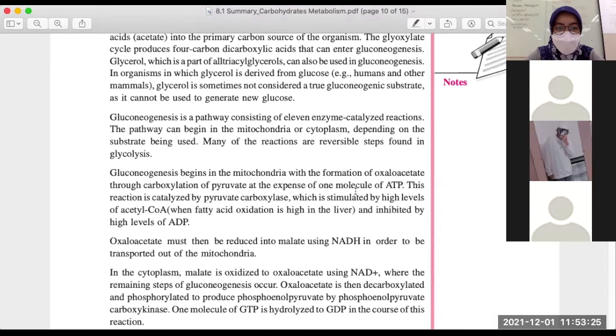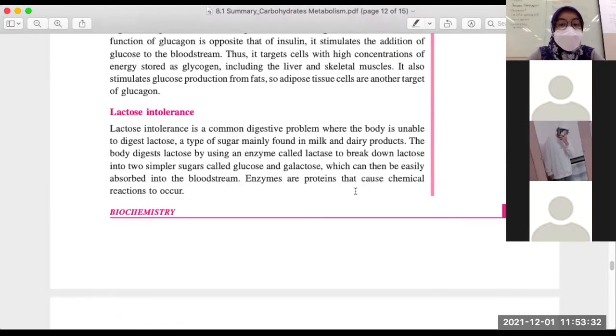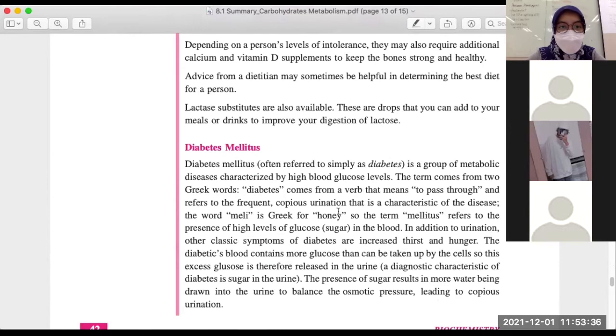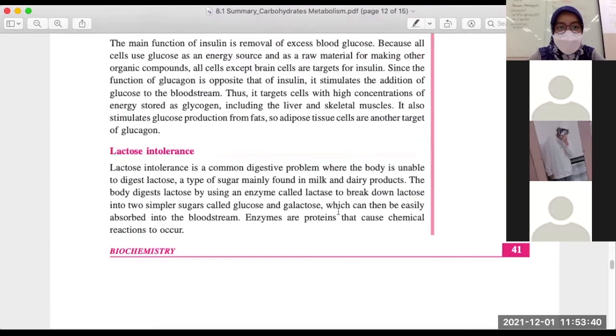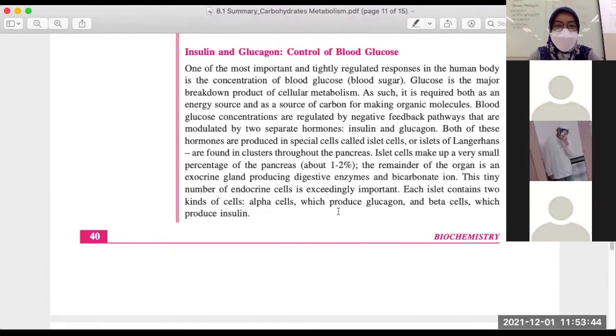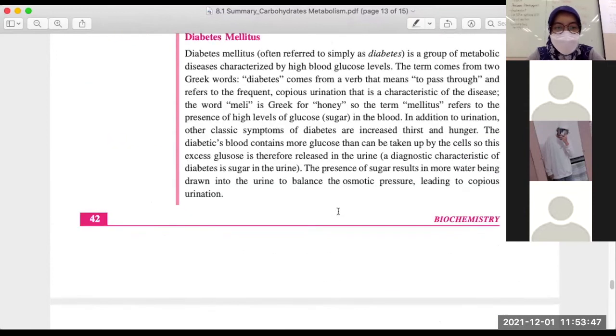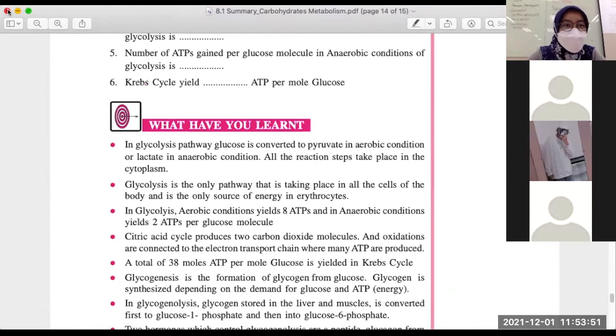You can refer to this as a guide to do the essay in the team, supplementary material. Towards the end, they have some diseases or conditions related to this pathway if there's defect or damage. You can look into that.